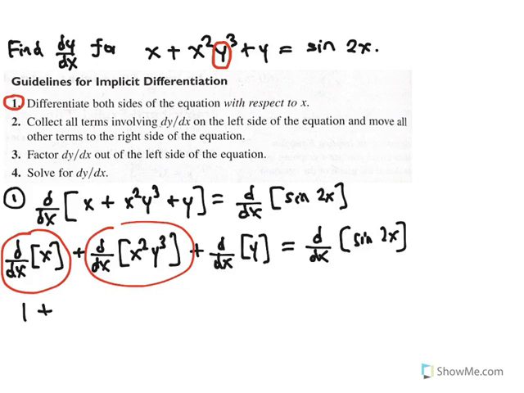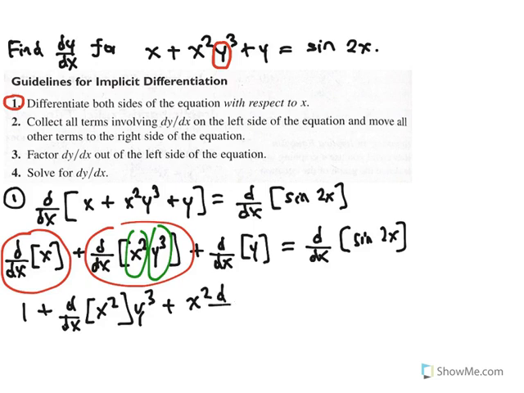Here you have to use the product rule because you have a product. You have x squared times y cubed. So you're going to write the derivative of the first function times the second function plus the first function times the derivative of the second. And notice that you're taking the derivative with respect to x of y cubed. And then you're going to take care of this.